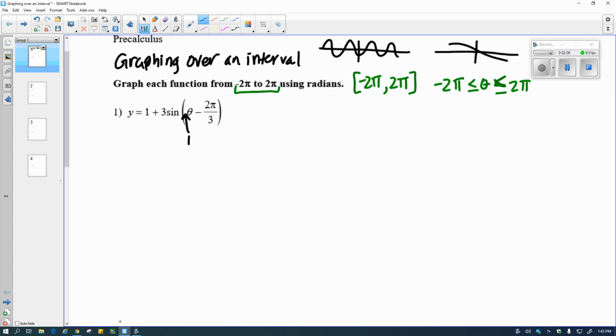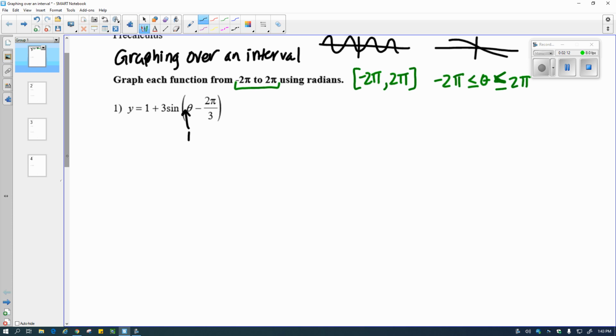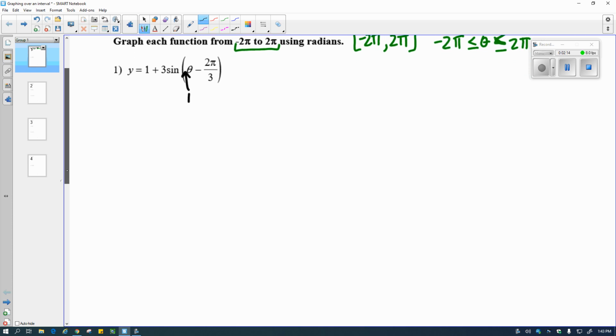But we're going to go through this process kind of the same way we did when we were graphing prior to this, where I have to look at all of the pieces. And so keep in mind that this little 1 in front here can be translated to the back. That's like adding 1. That's a separate thing. That shifts this graph up.